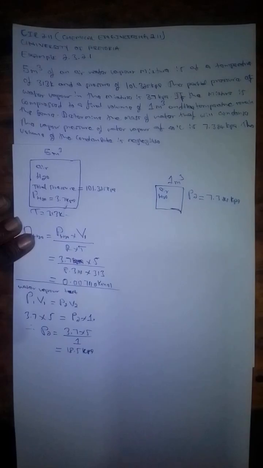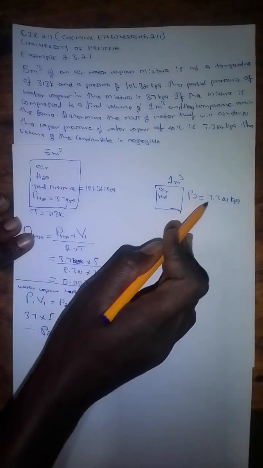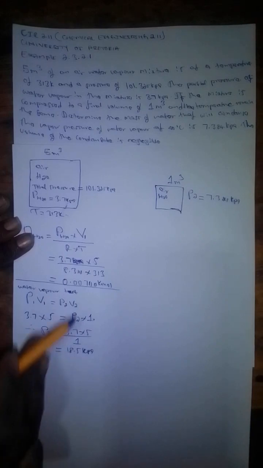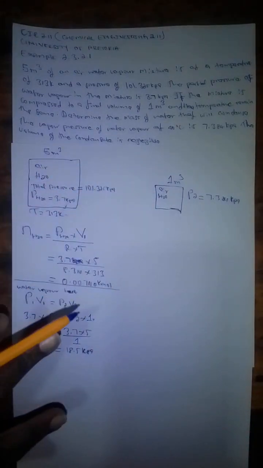Why? Because reducing the volume had a capacity of raising the pressure above the vapor pressure. But because of the principle of vapor pressure, when that happens the maximum pressure remains 7.384, and to maintain that and make up for this 18.5, the water vapor condenses part of it into liquid.